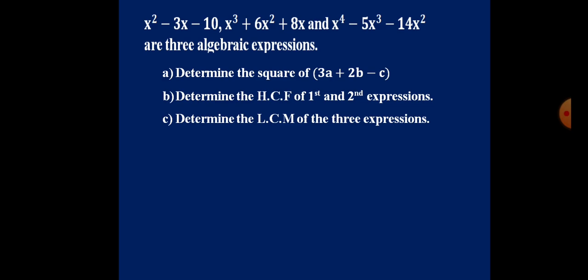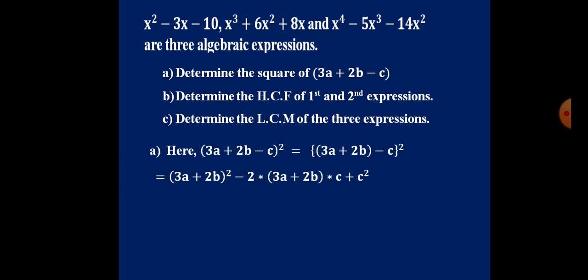Okay, so let us solve the first one. Here the first one is 3a plus 2b minus c whole squared, and it fits into the identity of a minus b whole squared, and you know a minus b whole squared is a squared minus 2ab plus b squared.